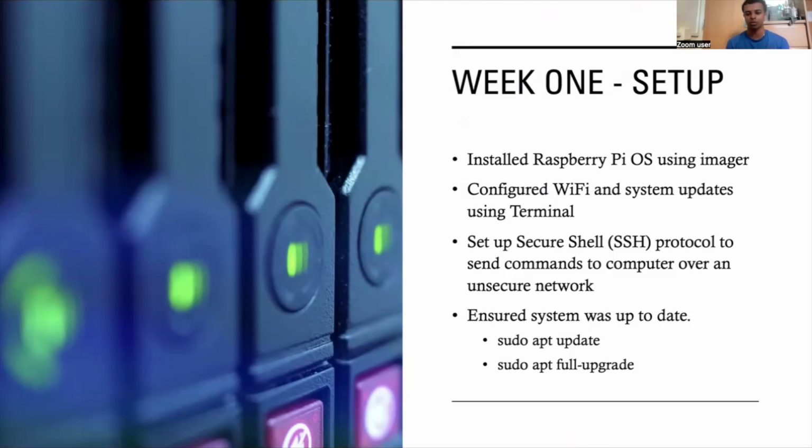First, I ran sudo apt update, and then I ran sudo apt full-upgrade. This made sure that everything worked while it was rebooting, and it did. So that was week one: just installing the Raspberry Pi OS onto my monitor and making sure everything worked. And it did.